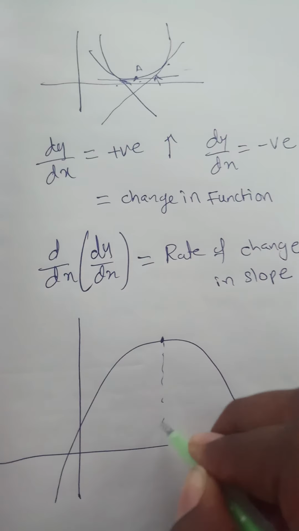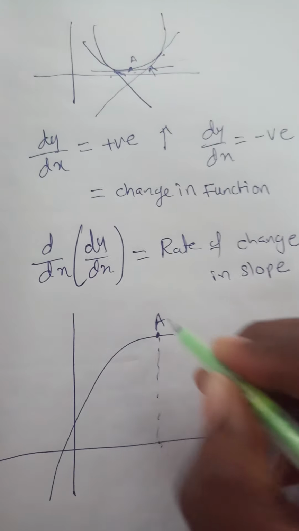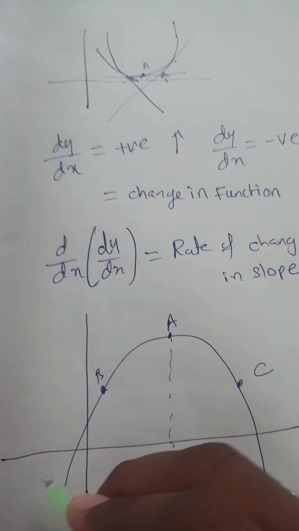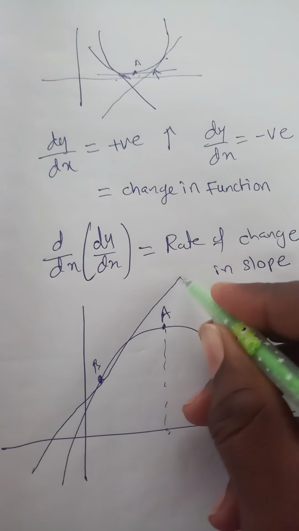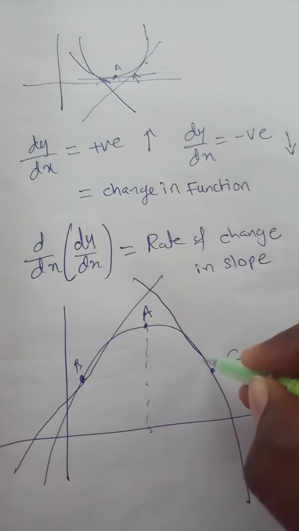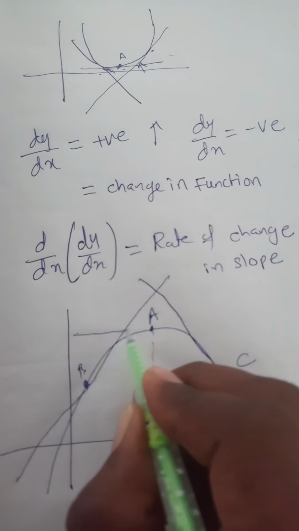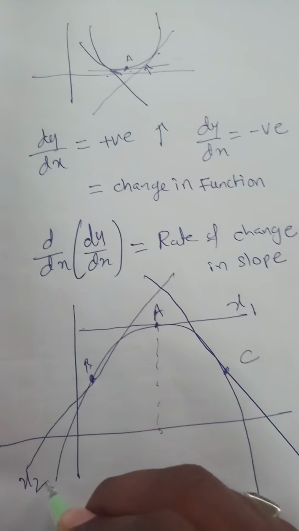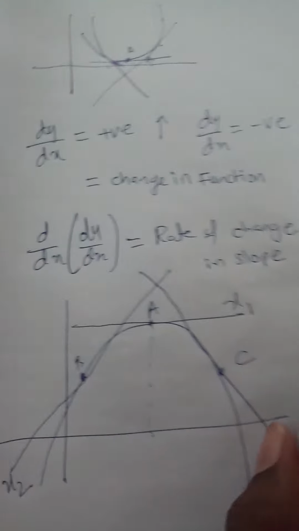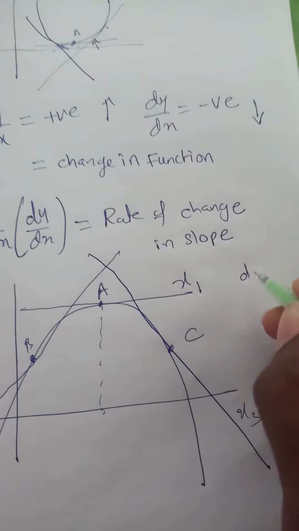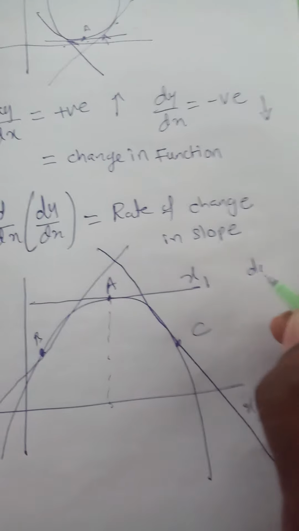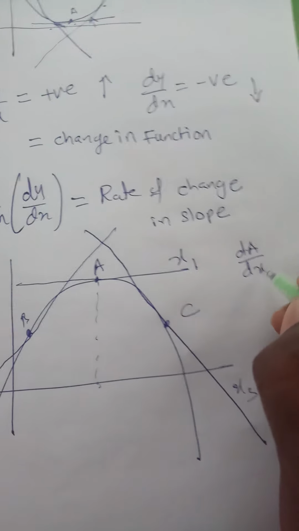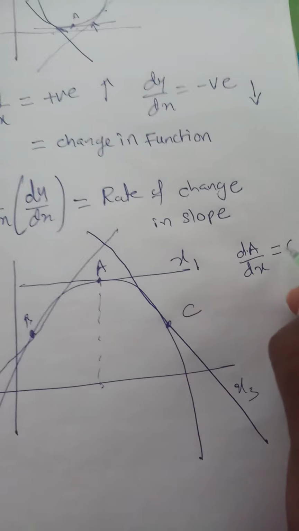Think of this point as point A, this as point B, and this as point C. If I draw tangents, consider these lines x1, x2, x3. At point A, dy by dx, the slope is 0.